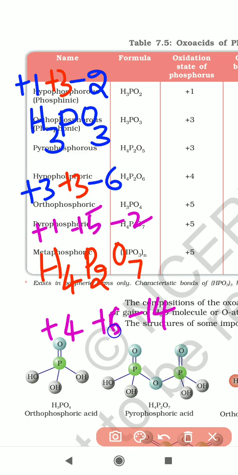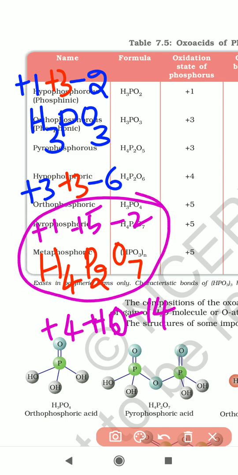The overall charge is +10 plus +4, totally +14, and +14 and -14 cancel. So in the P2O7 compound, phosphorus exhibits +5. This is about the oxidation states of the oxo acids.